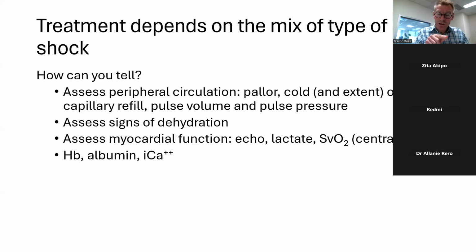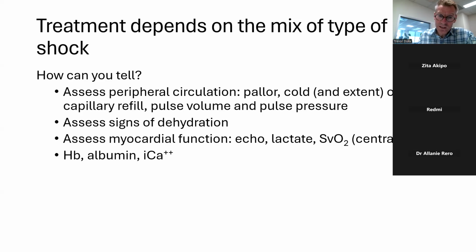You can assess their signs of dehydration, which are a bit different, if they've got sunken eyes or dry mouth or poor skin turgor. Probably they've got some dehydration as well as having an element of cardiogenic shock.